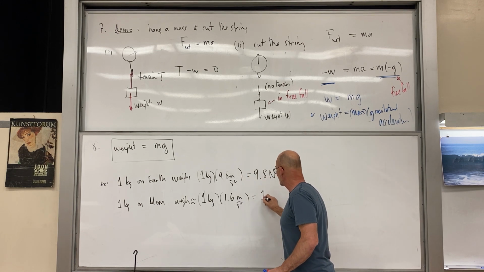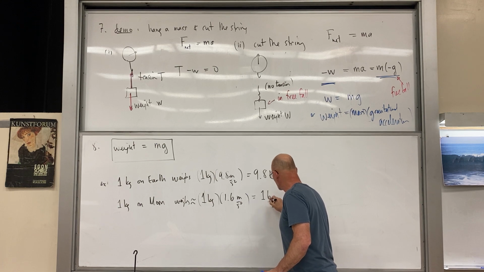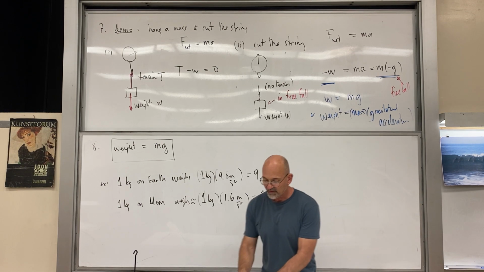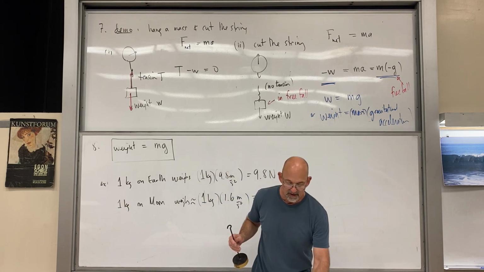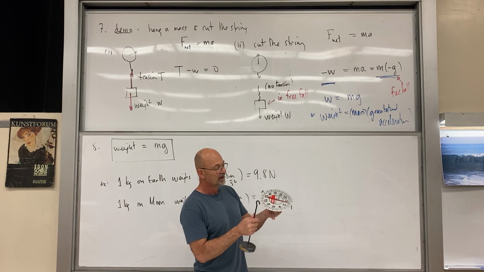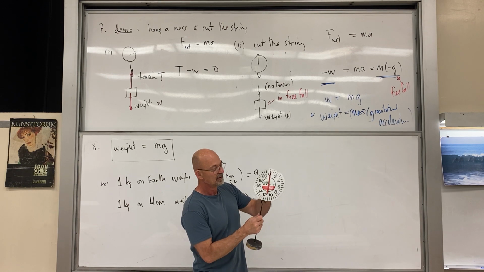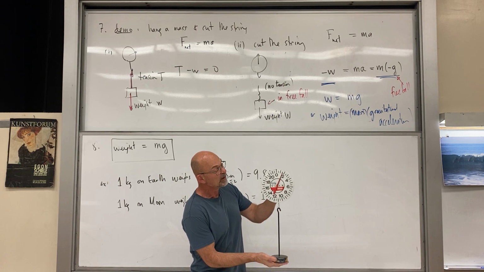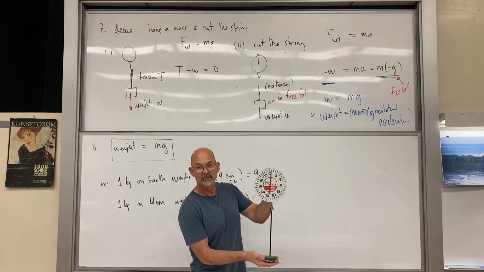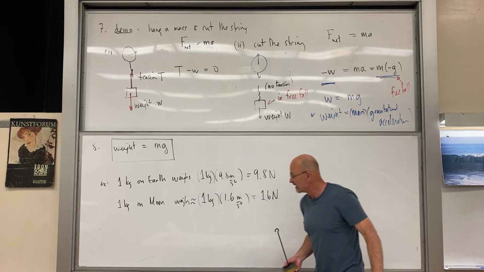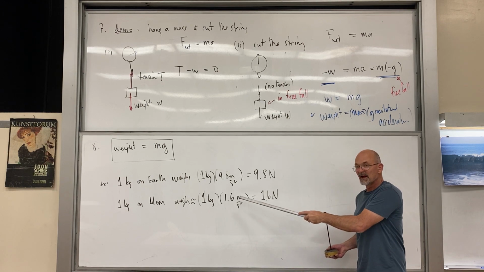So that would be 1.6 newtons. That is to say, if we took this spring scale to the moon and this weight, we proudly stand in front of the camera, and on Earth it would have been down here. On the moon, the scale would show this. This weight would be much, much less, because the weight comes from the gravitational acceleration.